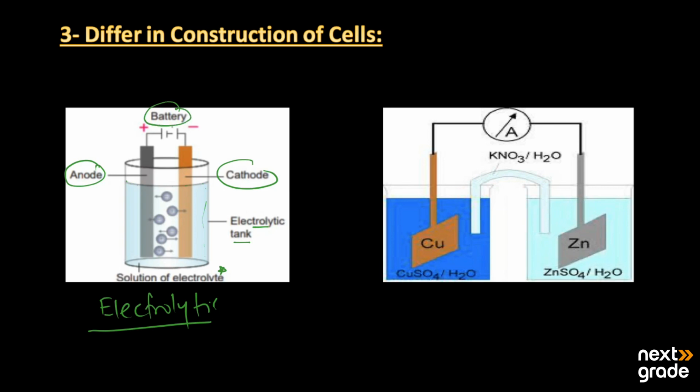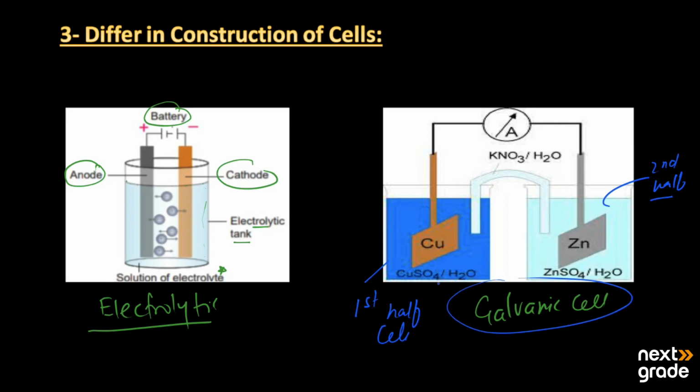But when we look at the galvanic cell, it consists of two half cells. This is the first half cell and this is the second half cell. These two are combined to make one galvanic cell.